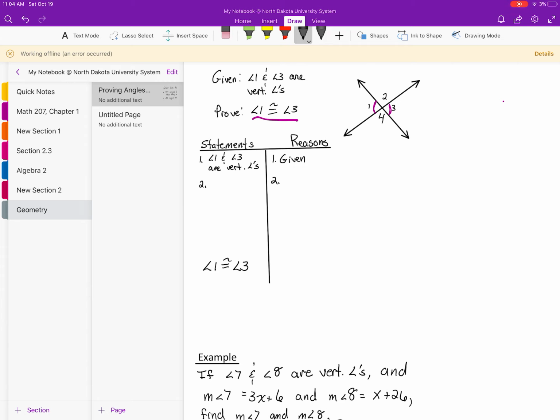Well, we know that not much there either. What else can we tell from the drawing? How about angle 1 and angle 2 form a linear pair? And angle 2 and angle 3 form a linear pair.